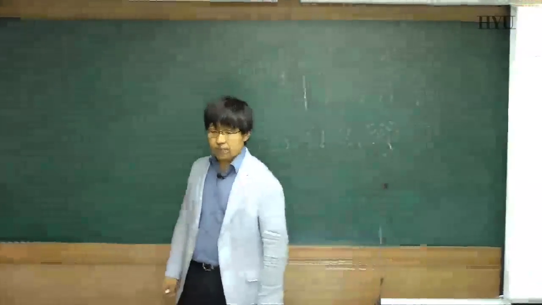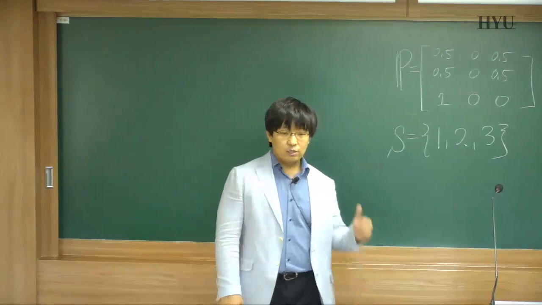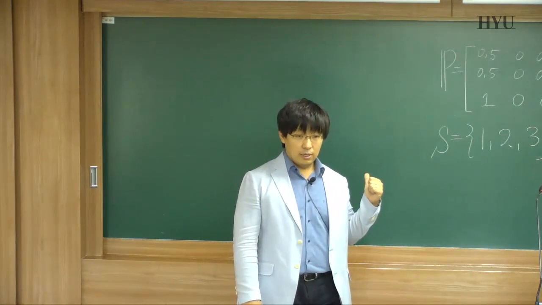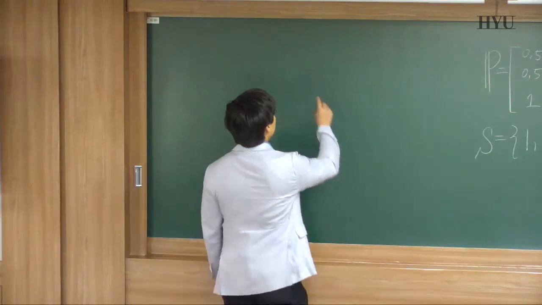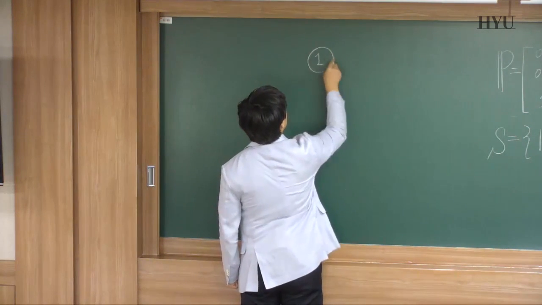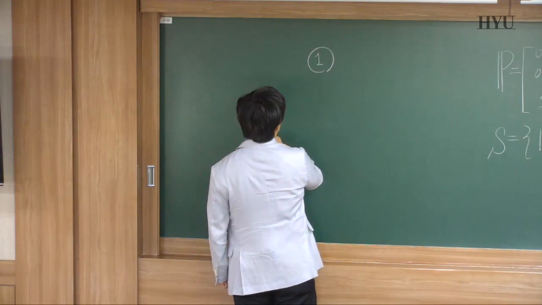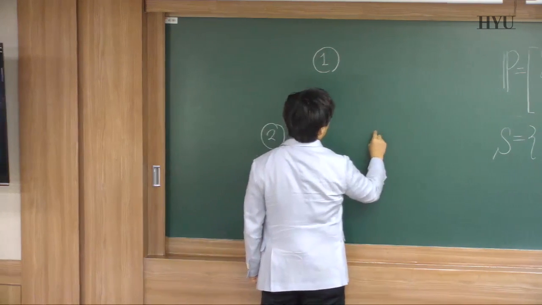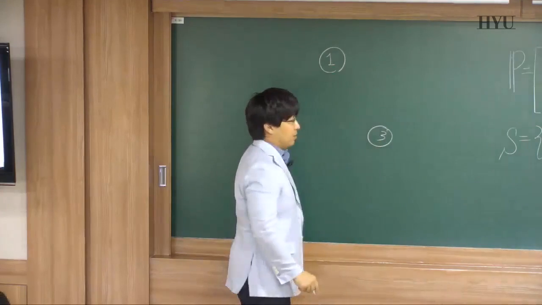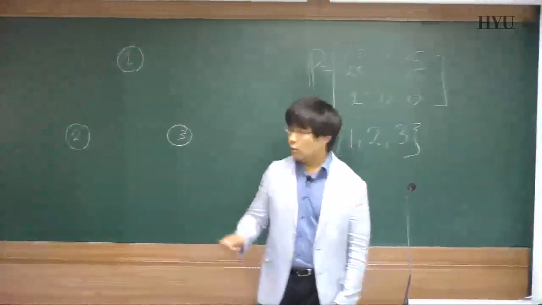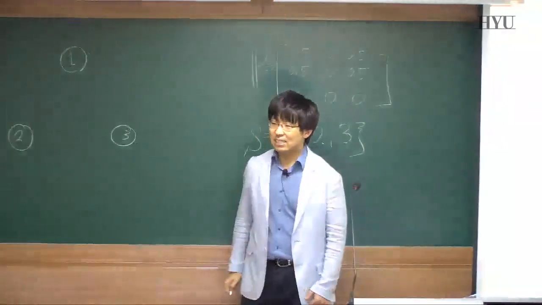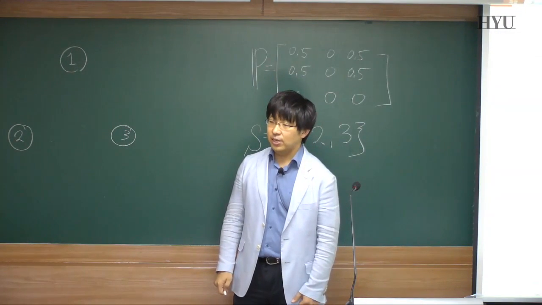So how many nodes do we need to construct the transition diagram? 3, right? So inside the circles we can write 1, 2, 3. These represent the states of the chain.